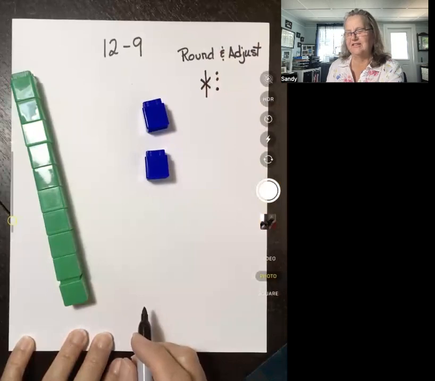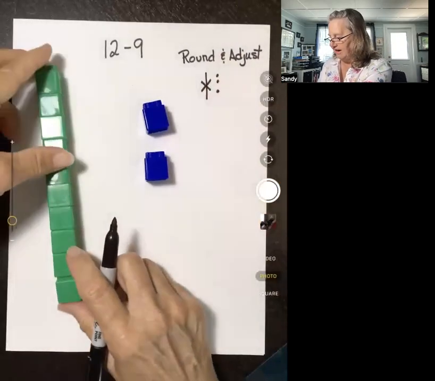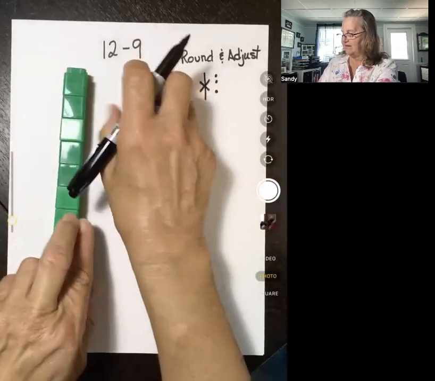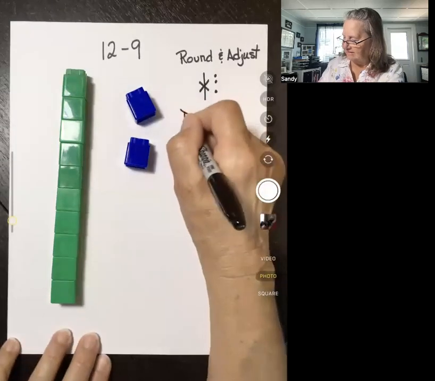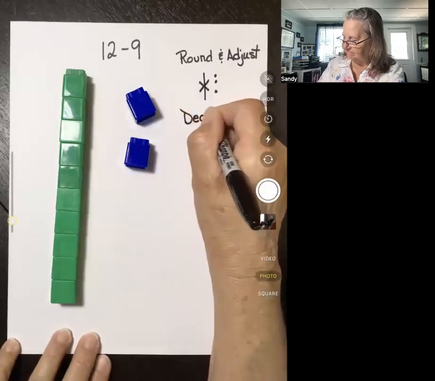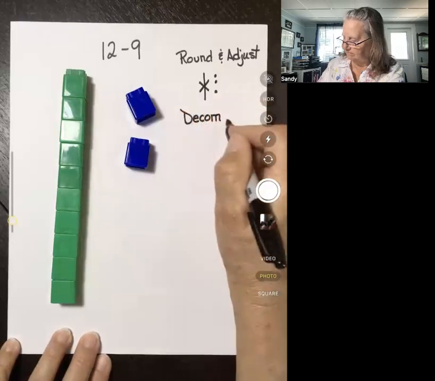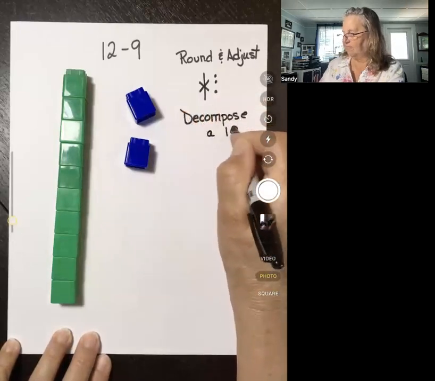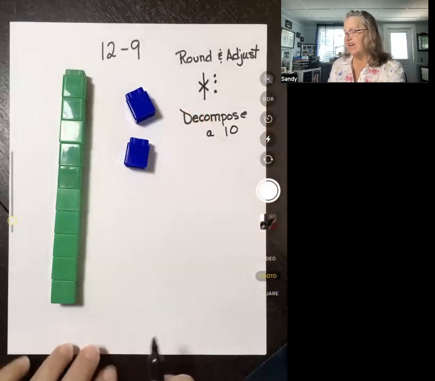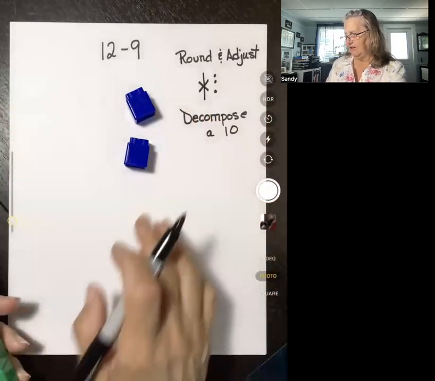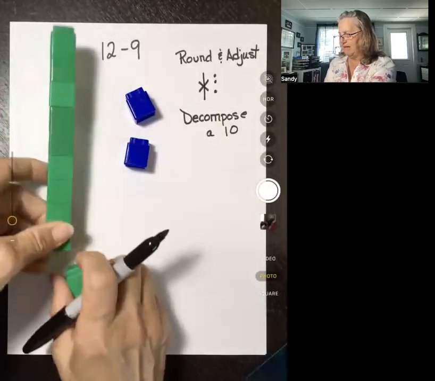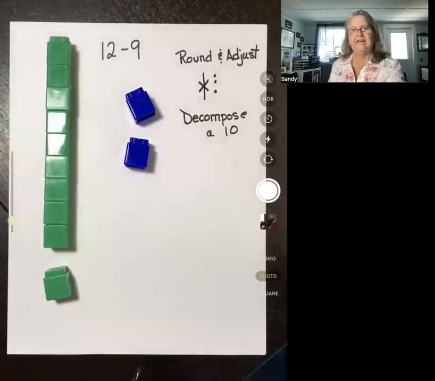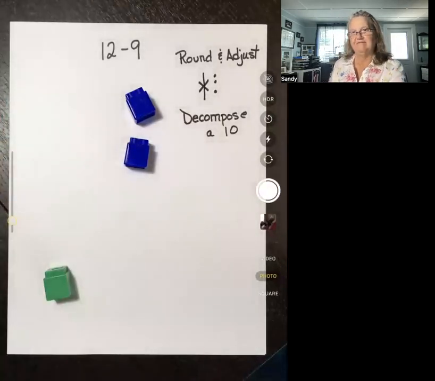Round and adjust. Now, another strategy that we talked about is decompose a 10. Instead of removing the whole 10 and giving one back, your child may break it up into 9 and 1, and then I remove the 9.